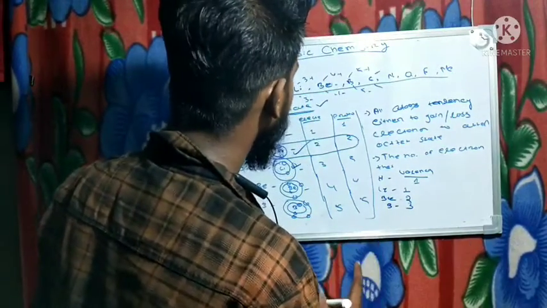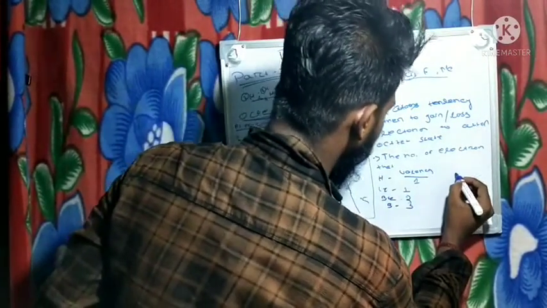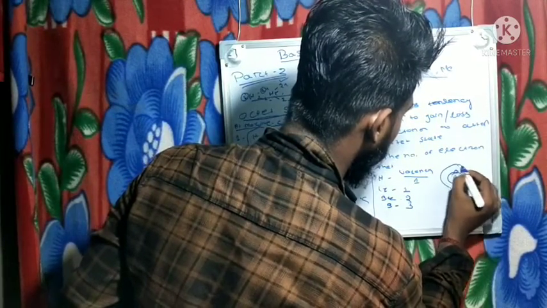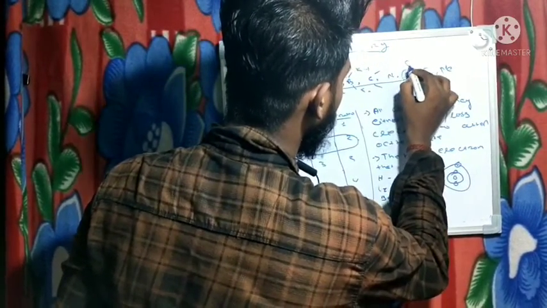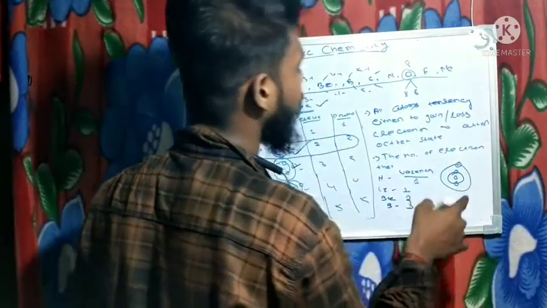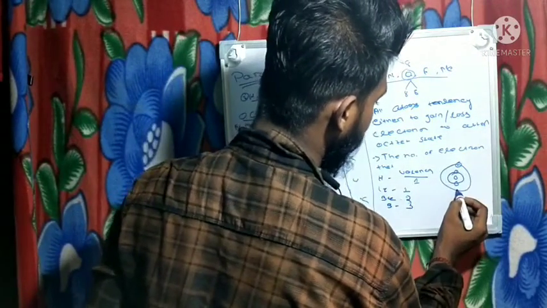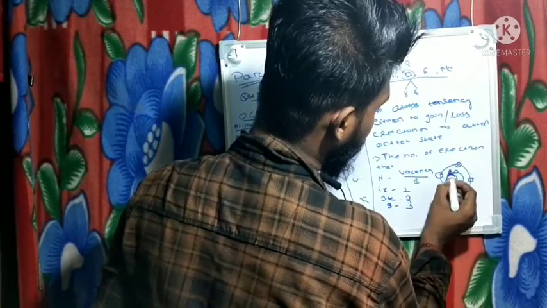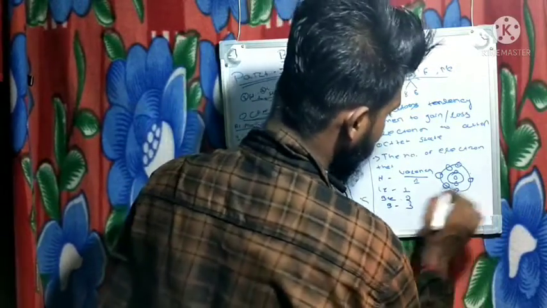In that way, if you go for oxygen, first draw the electronic configuration. Oxygen has atomic number 8, so the number of electrons should be 8 and the number of protons should be 8. We have to place the 8 electrons as per the rule. First the K cell contains 2 electrons and the next 6 electrons are in the L cell. So the K cell is now fulfilled, but the L cell is not fulfilled.